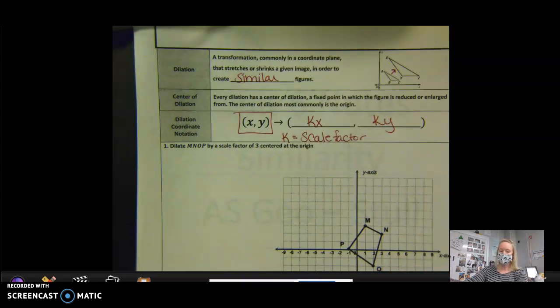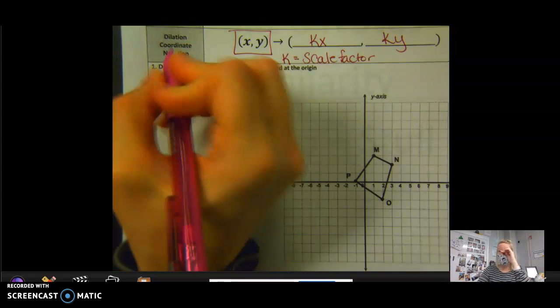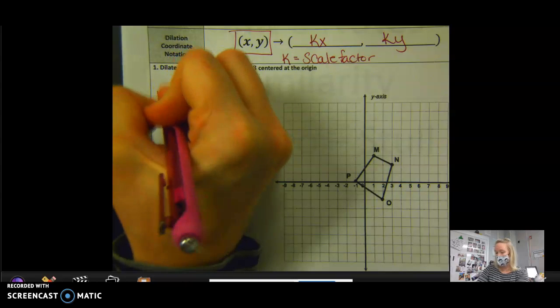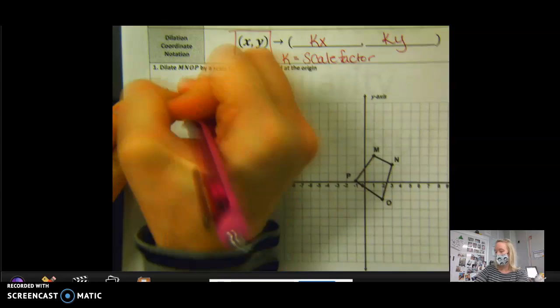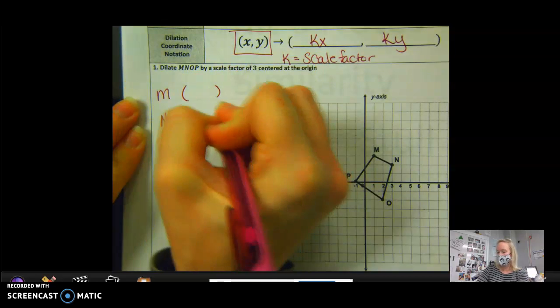So what I want for us to do real quick here is list out each of these points. So list out M, N, O, P, and find their coordinate points. So go ahead and do that real quick.